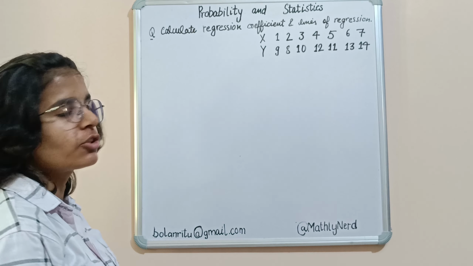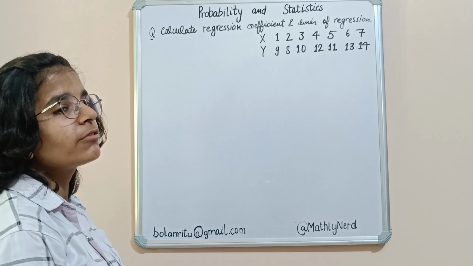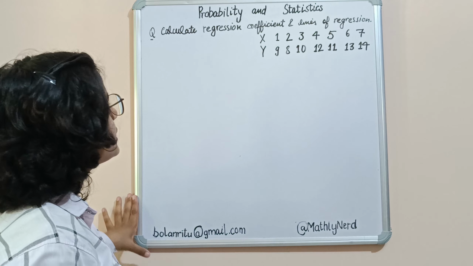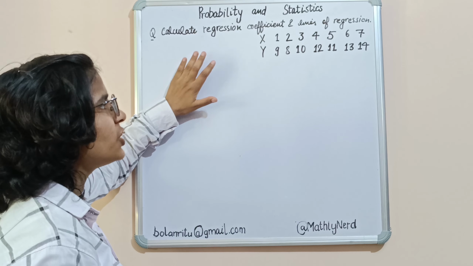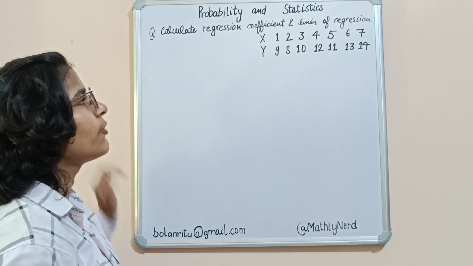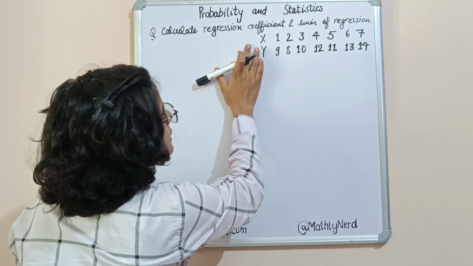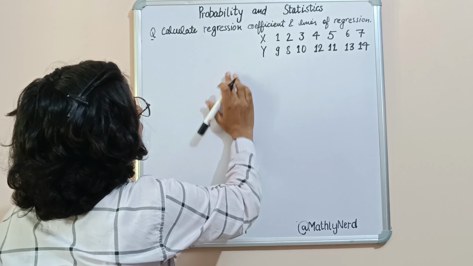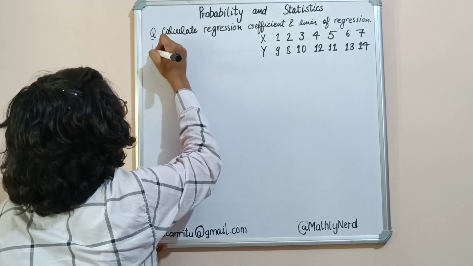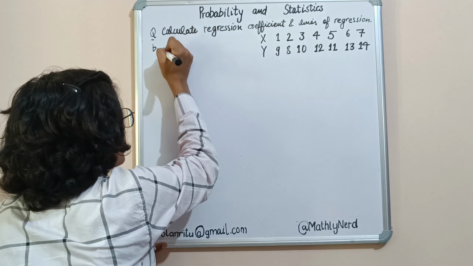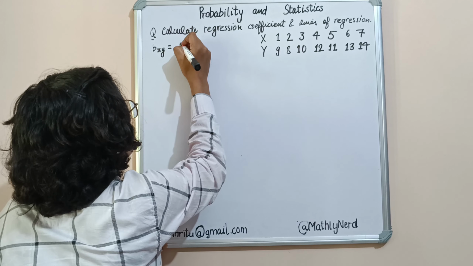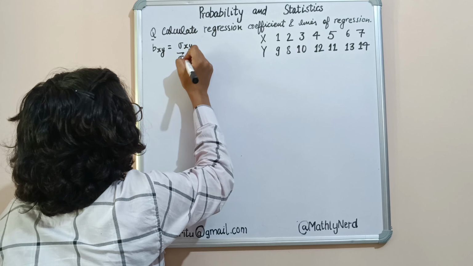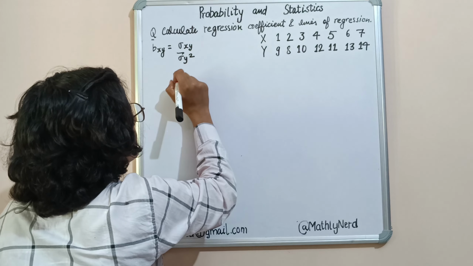Now we will solve a question to grip our concepts. Our question is, we have to find the regression coefficient and line of regression for the data. These are the values for x and these are the values for y. Now we have to find b x y. This equals sigma xy by sigma y square.